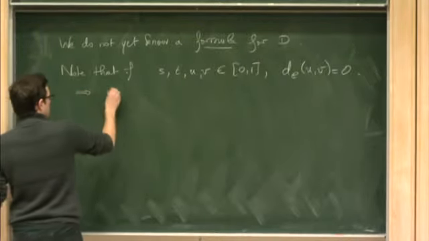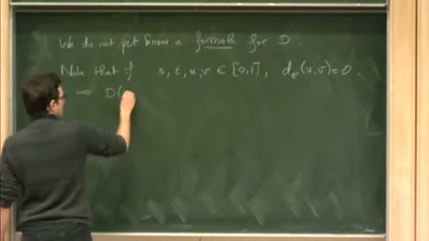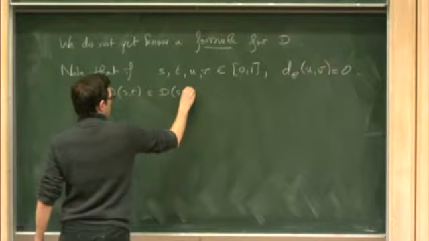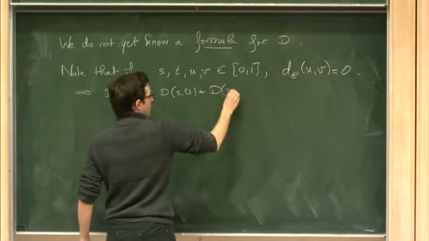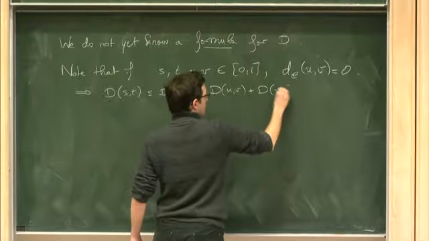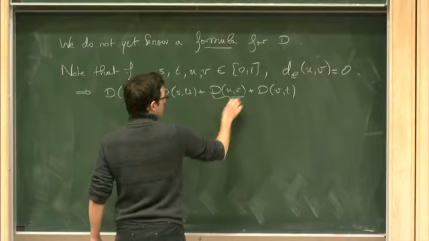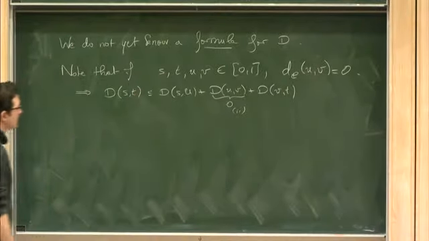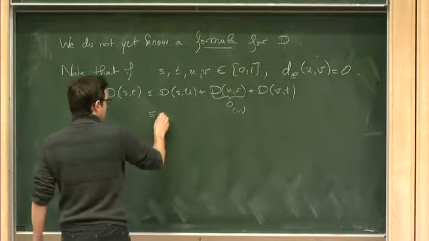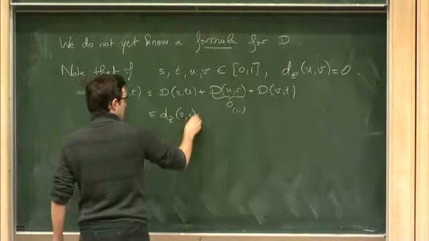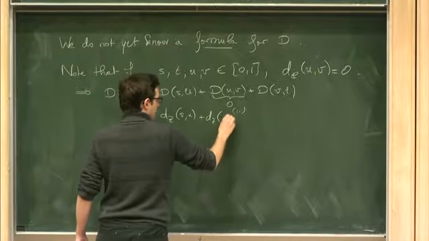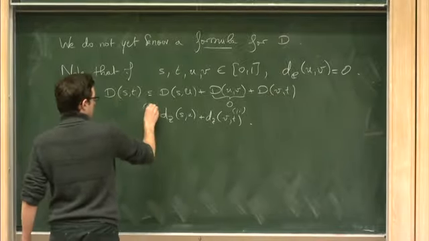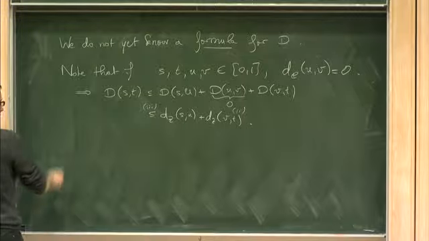Then certainly D of ST is less than D of SU plus D of UV plus D of VT. But this is equal to 0, okay, by the property 2. Okay. And then this is less than dz of SU plus dz of VT, okay, by the upper bound 3.